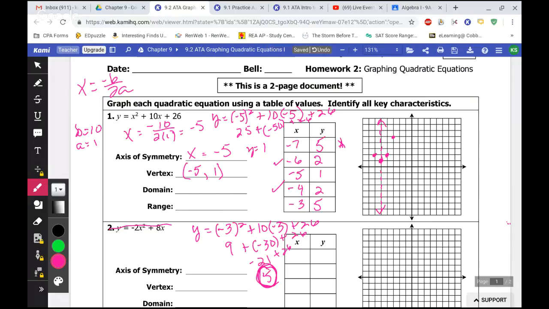Based on symmetry, you can kind of see the patterns in the y. So if I go over 3, 1, 2, 3, I go up 5. And for the 7, I'm going to go over 7 and up 5. So you see how the symmetry on the parabola works? So there's my cup shape. Good job.